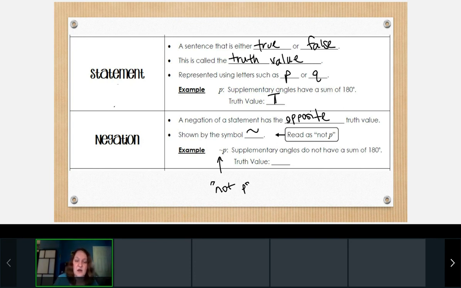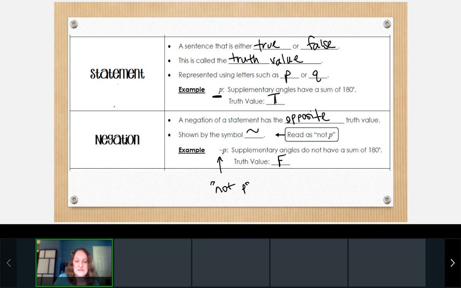That's going to have the opposite truth value of P, so this will be false. All right, so there's some vocabulary for us.